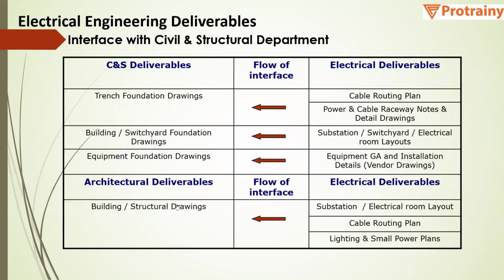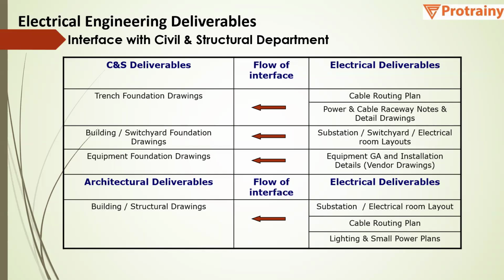Now, electrical engineering deliverables feeding to the civil and structural deliverables. Based on the cable routing plan, the trench foundation drawing will be prepared. Also, based on the substation layout and electrical room layout, the structural drawing and the concrete drawing for that particular substation will be designed.